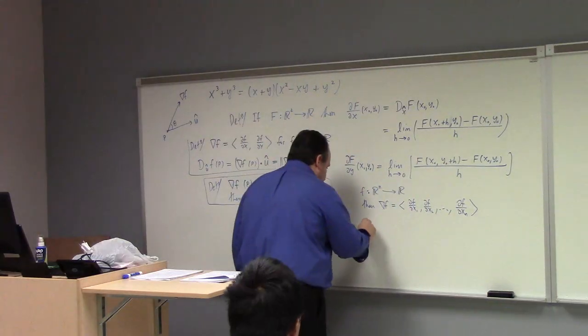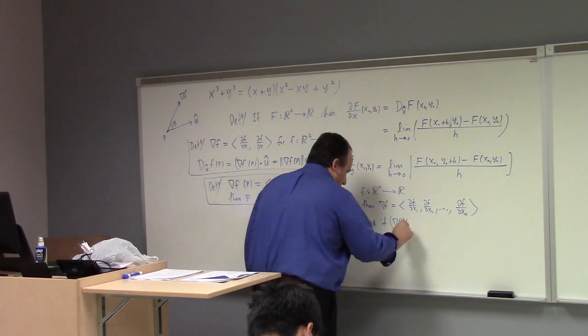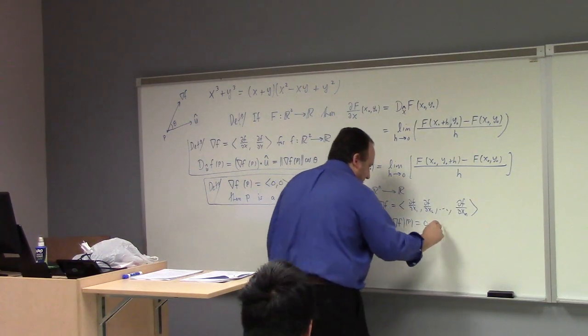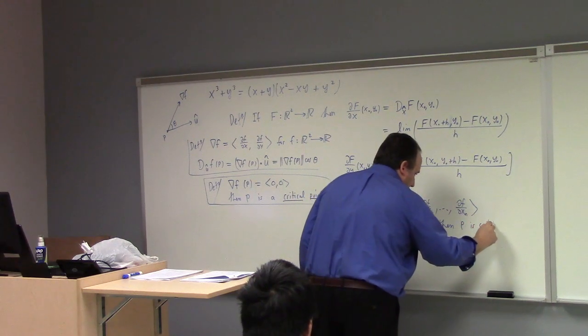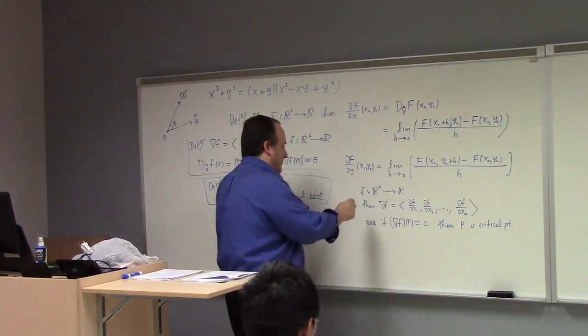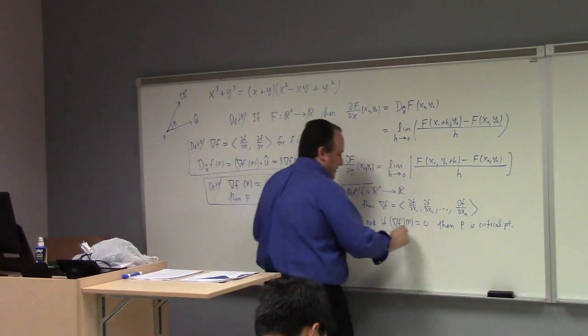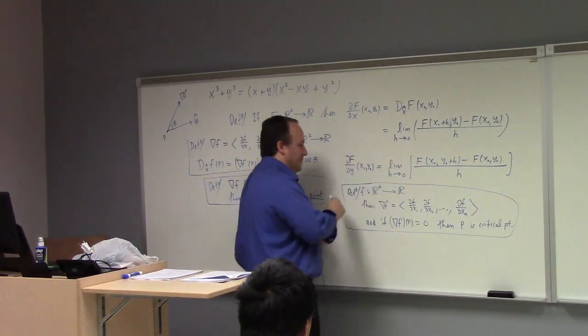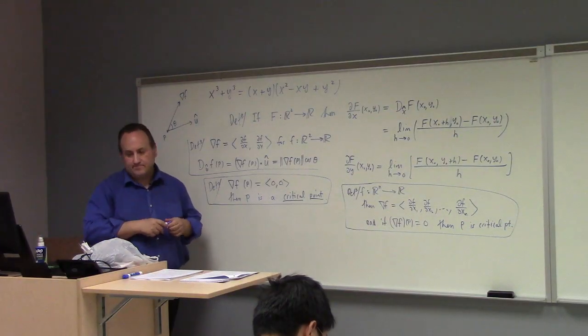And if the gradient of f at the point P is equal to 0, then P is a critical point. And again, don't make me write it out, but it is also true that if one or more of the partial derivatives was not defined at the point, we would also consider that to be a critical point of this function of n variables. All right?